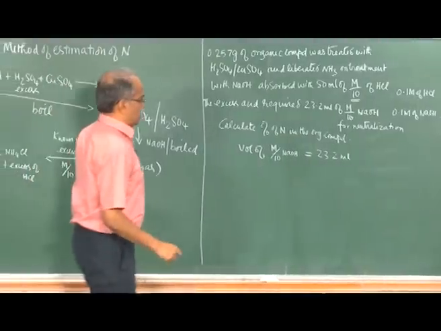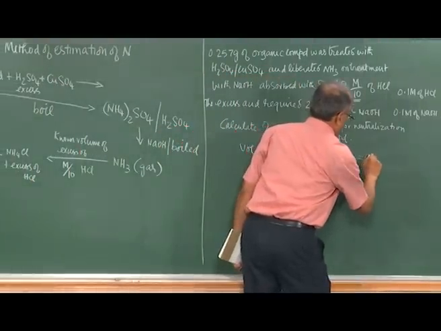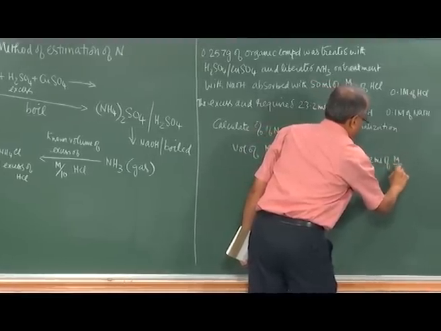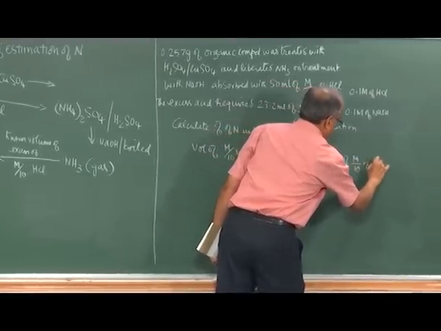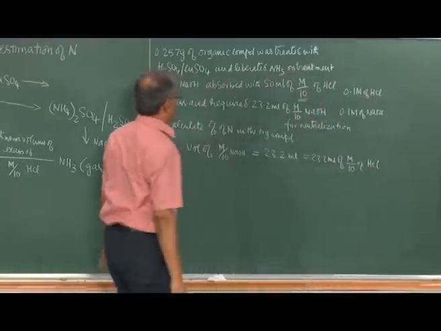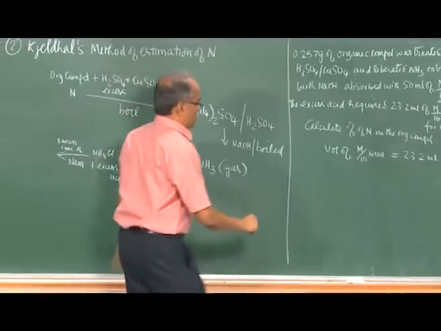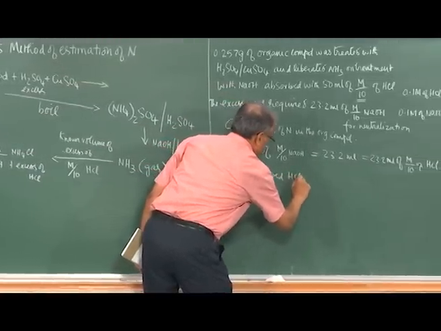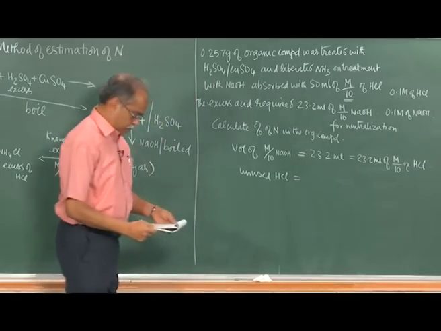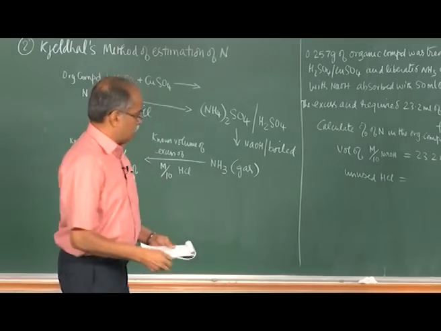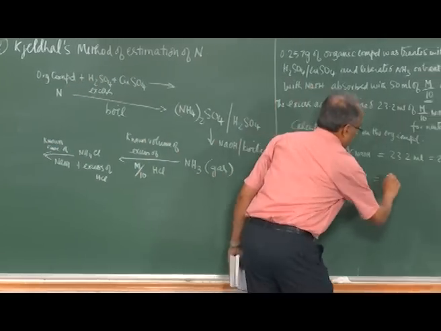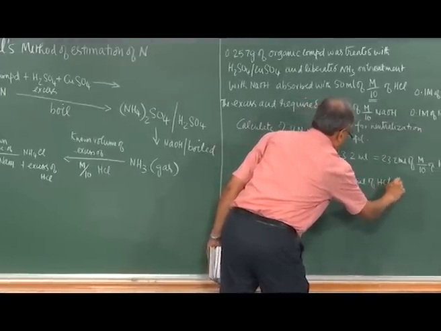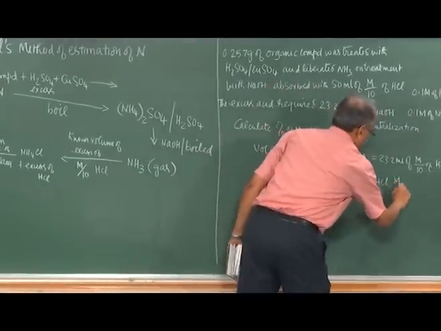This would essentially correspond to 23.2 milliliters of M/10 concentration of HCl that was neutralized. Therefore, the unused HCl, or the excess unused HCl, is equal to 23.2 ml of HCl of M/10 molarity.